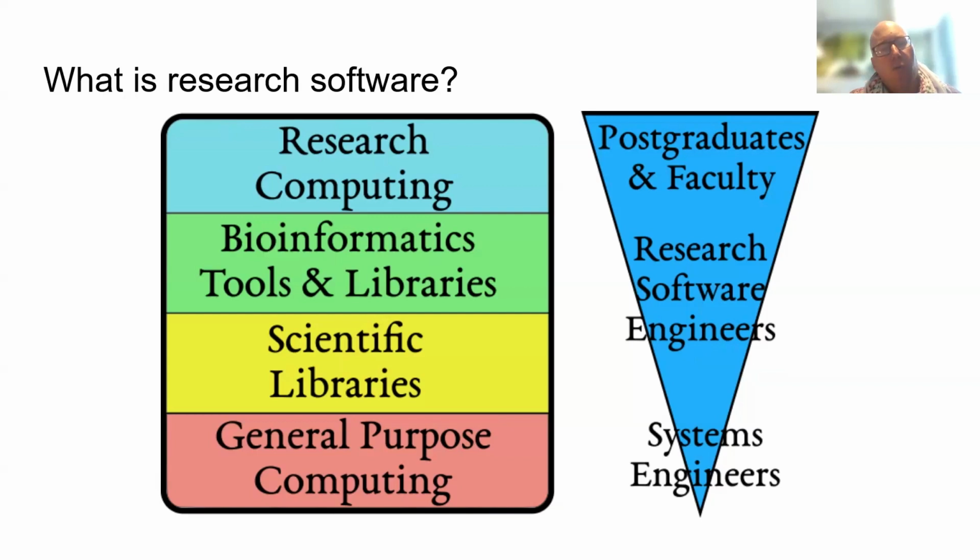And when they produce that software, then it's typically postgraduates and faculty producing some software for their research projects, and that is relying on a domain specific layer. The domain is bioinformatics tools and libraries.